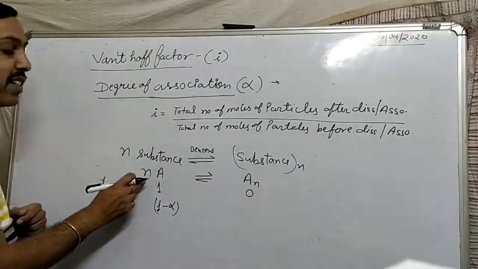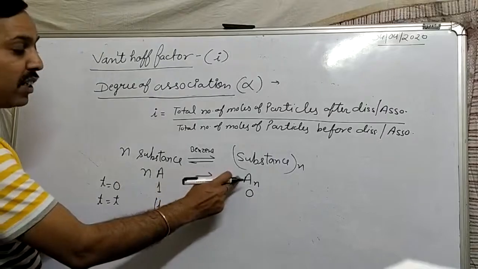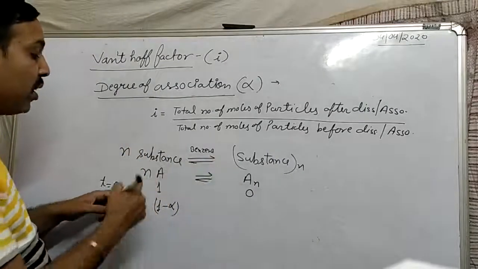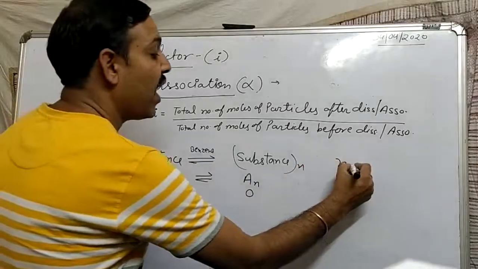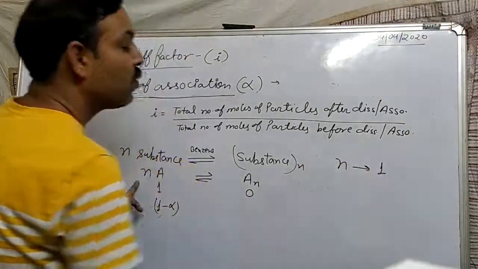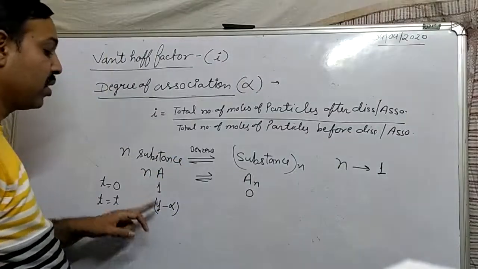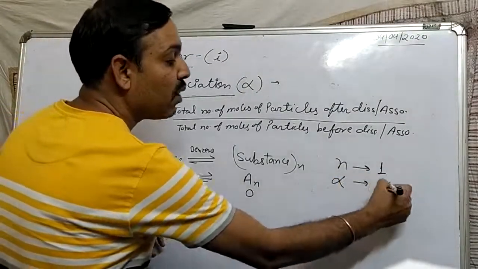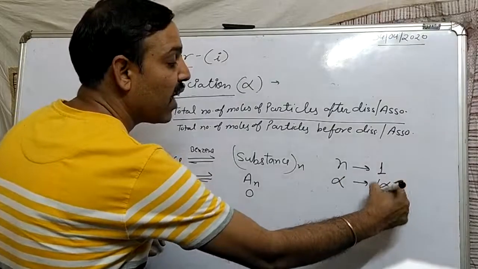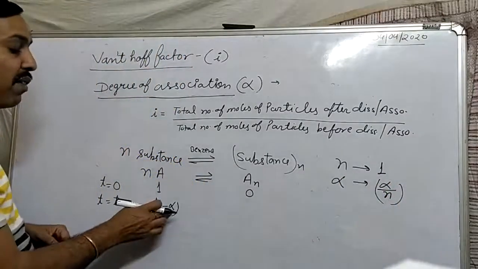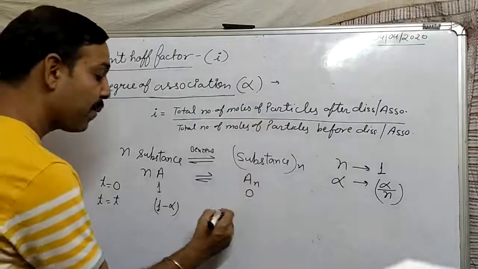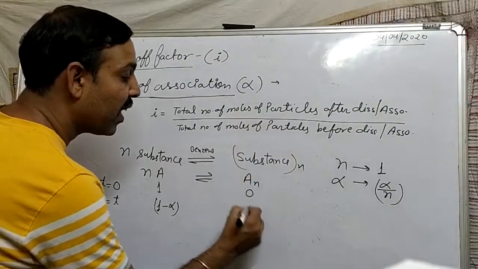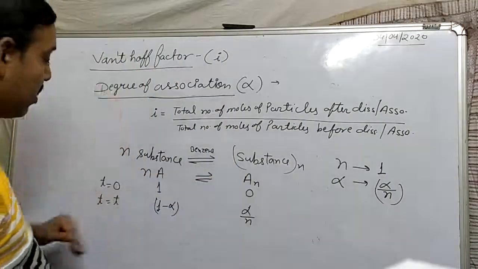Here n is the number of moles, but here it is only 1 mole, means n forms 1 mole substance. So alpha forms alpha upon n substance. So alpha is associated, that means it is formed alpha by n substance. Okay.